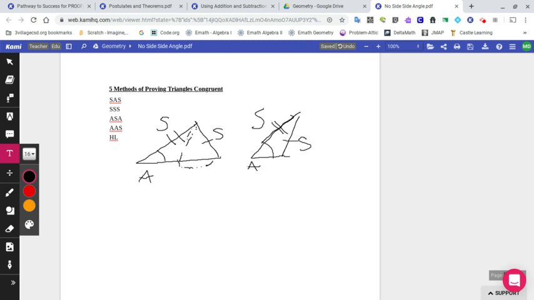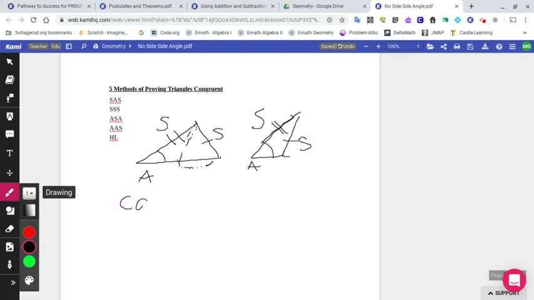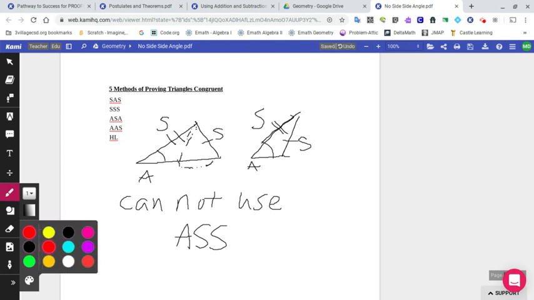You cannot use angle, side, side as a method for proving triangles congruent to each other. You cannot use that one. Unless you want to look like one of those, don't try it. Do not try to use angle, side, side to prove two triangles are congruent to each other.